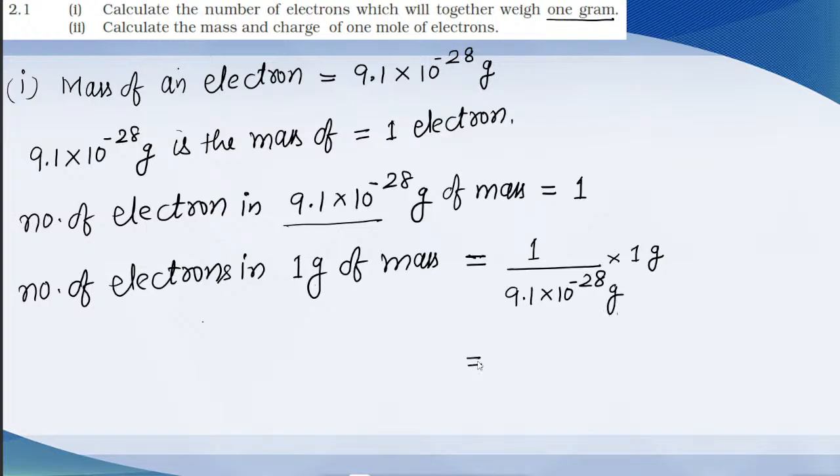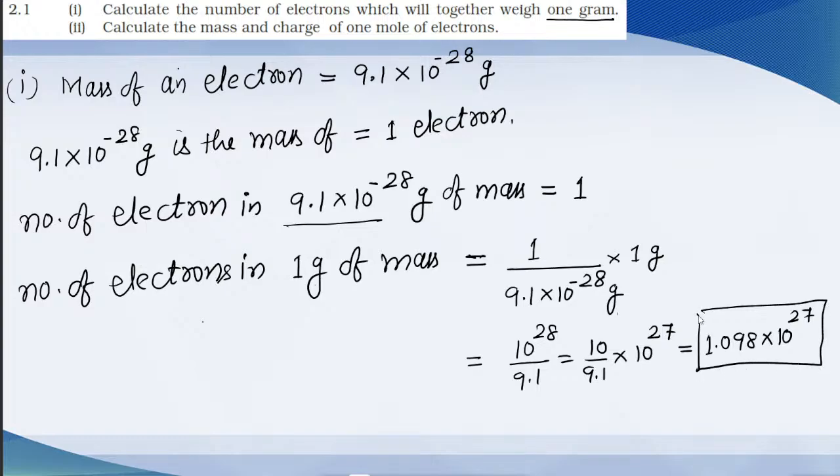So the value comes out to be 10 raised to 28 over 9.1, that is 10 upon 9.1 into 10 raised to 27. It is 1.098 into 10 raised to 27. That many electrons there will be. Did you understand?